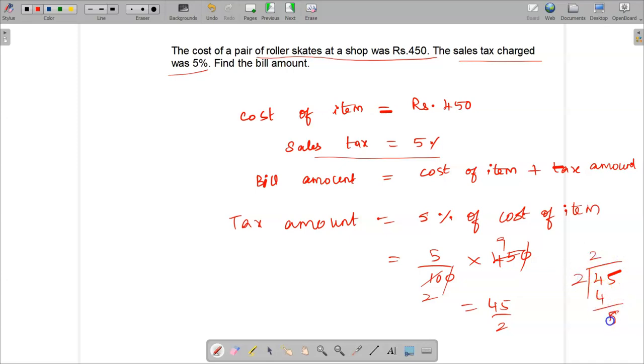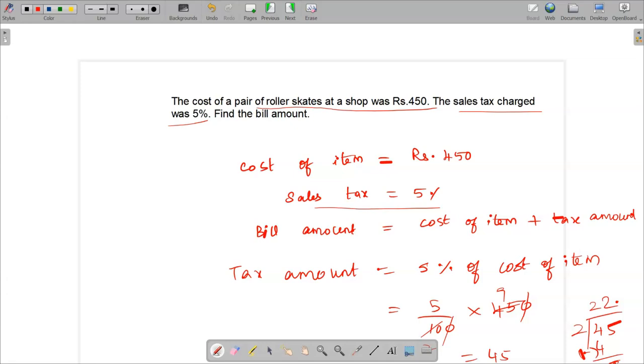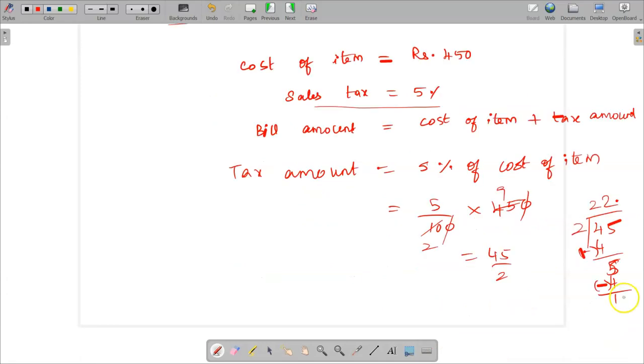So here you have 5. 2 2s are again 4. Balance is 1. So put one decimal point here and then put one 0 here. So 2 5s are 10. So when you divide 45 by 2, we will get 22.5.